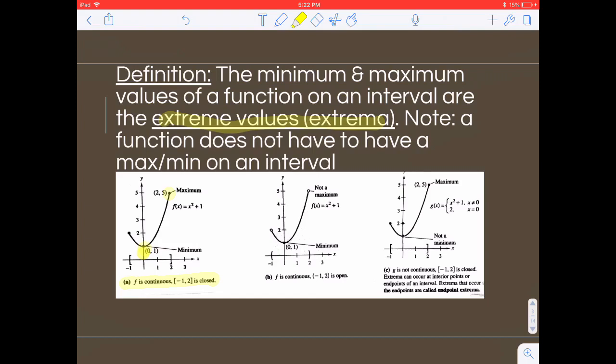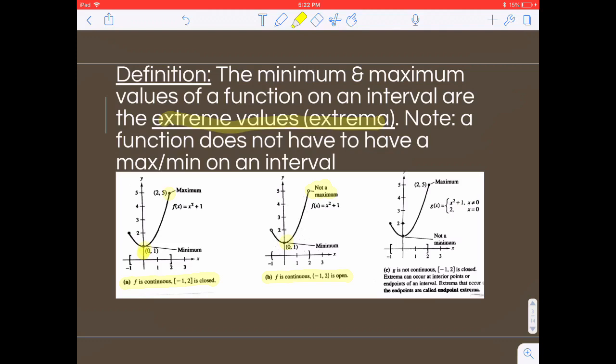For part B, f is continuous on the open interval -1 to 2, and it has a minimum at (0, 1), but it does not have a maximum at (2, 5) because it's not a closed interval here. So this value is not included, so it's not a maximum.